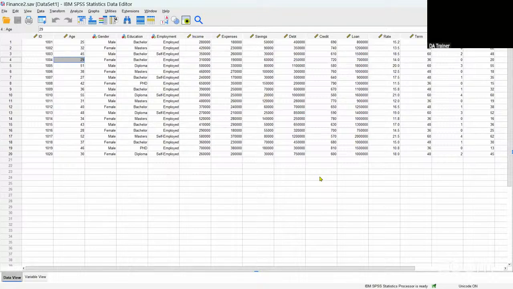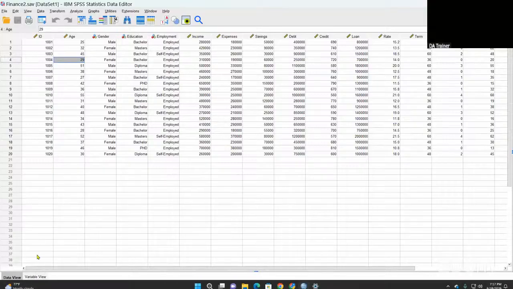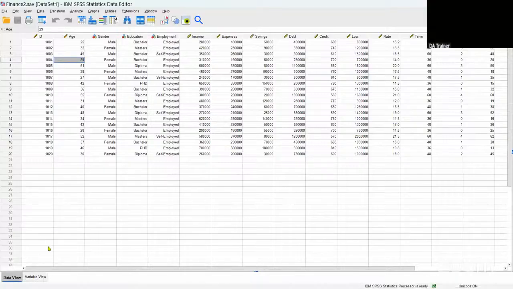The first is the data view window, which is actually the spreadsheet of SPSS. And then we have the variable view, which I term the kitchen of cleaning or cleanup for the data itself. You come here to set up your data, how you want it to be, and then you come to the data view and commence your analysis.